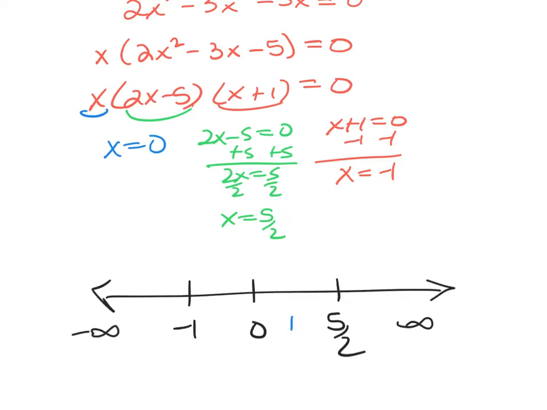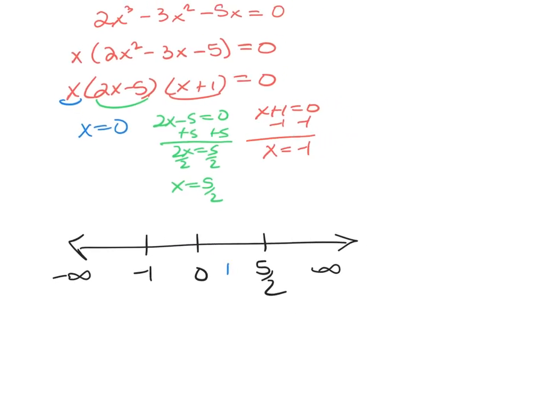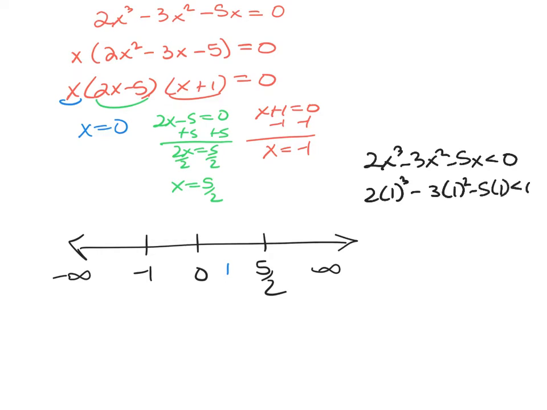All right, so if I go back to my original, which was 2x cubed minus 3x squared minus 5x is less than 0. So 2 times 1 cubed minus 3 times 1 squared, minus 5 times 1.